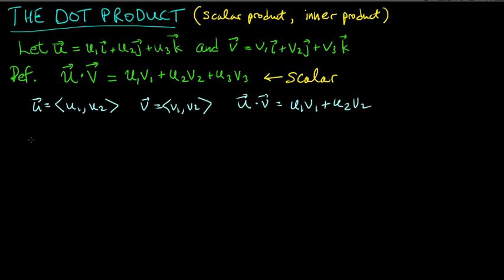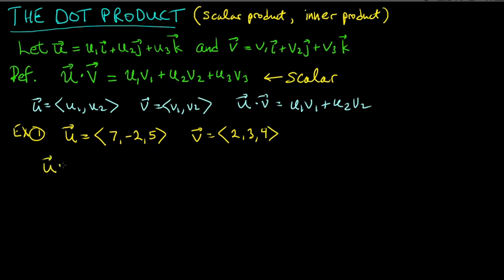So maybe I'll do one very quick example, just to show you how easy this is. So let's suppose the vector u has components 7, -2, and 5, and the vector v has components 2, 3, and 4. Okay, so what's u dot v?